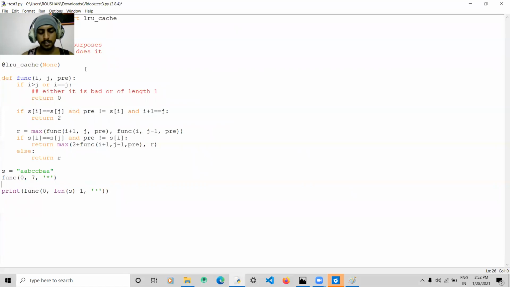It will go inside and check that s0 is the same as s7. Also, s0 is not star, so it can move ahead.